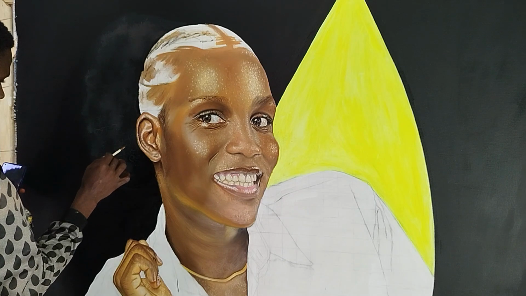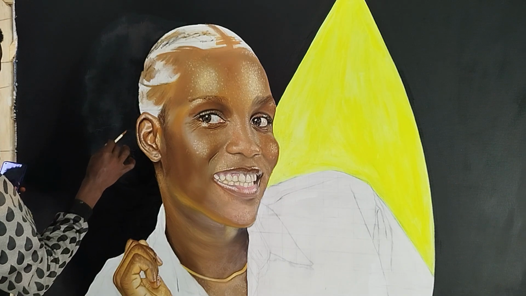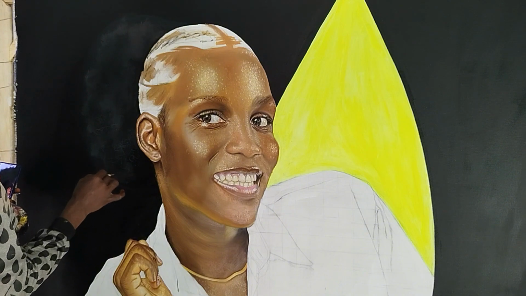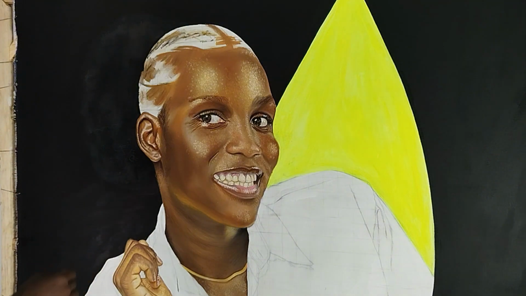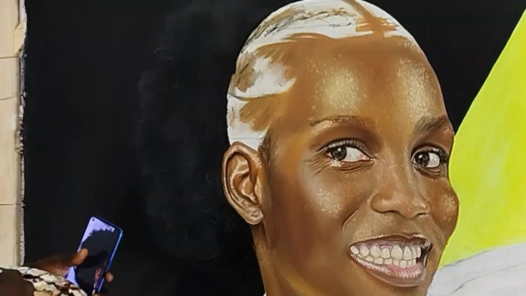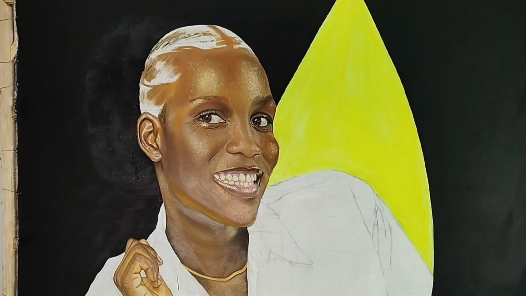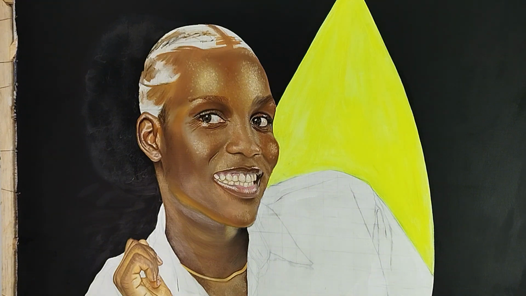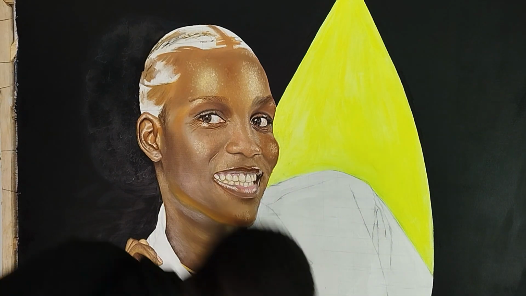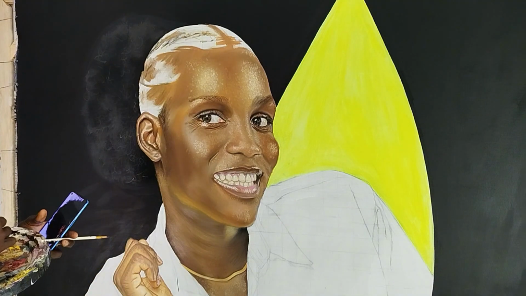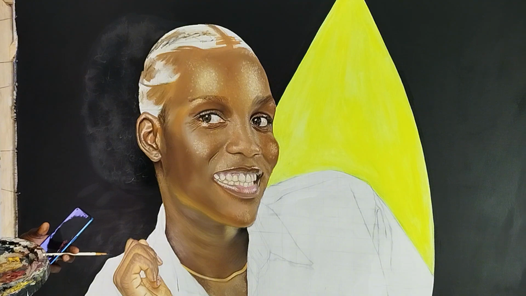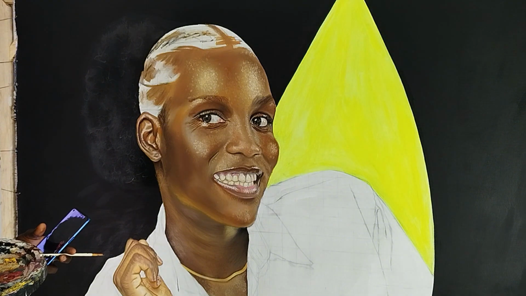This could be the most stressful part, or should I say the most time-taking part of the hair. So after that, we move on to a lighter shade. Just add white to your mixture to make it a little bit lighter.